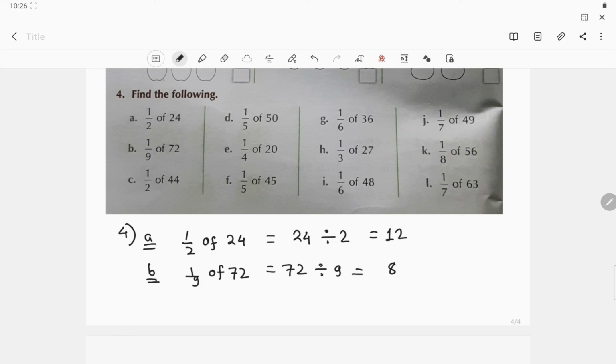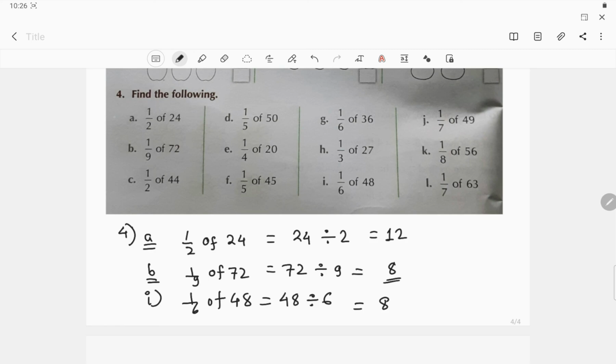That means you have 72 equal parts and you need 1/9 of them, so you will get 8 in each. So your answer will be 8. Similarly, if I take I, 1/6 of 48, it means 48 divided by 6. It will be 8.